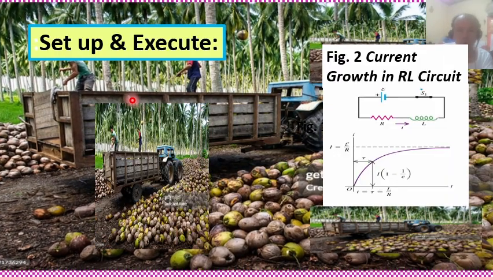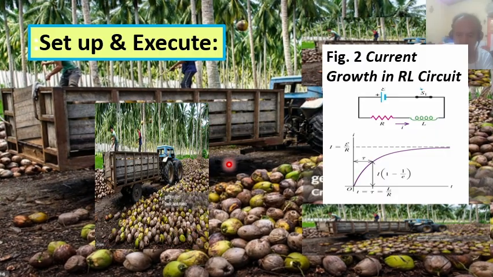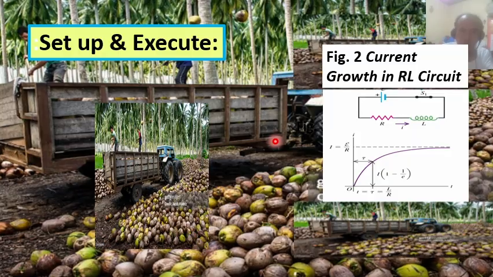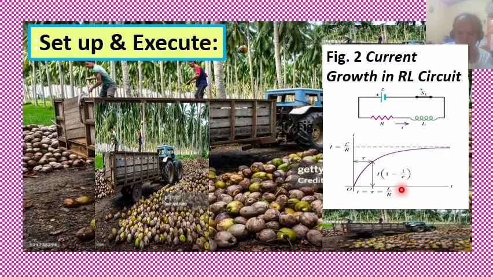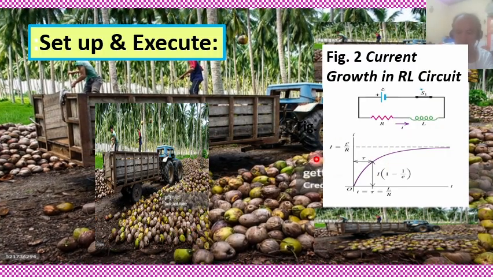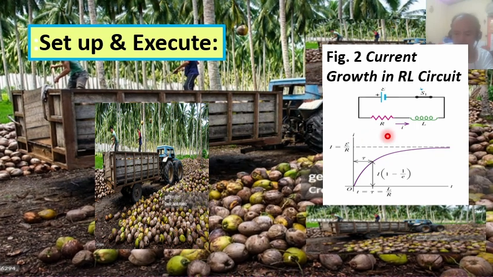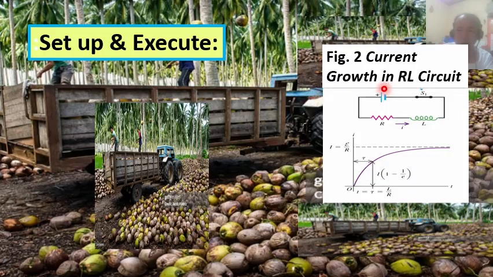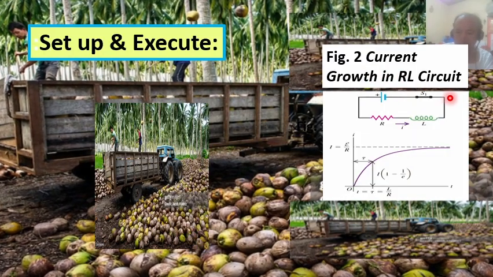All right, so moving on to our solution. In answering our question in part A, we first review what we discussed in the past upload, where we also had this graph representing the current growth in an RL circuit.